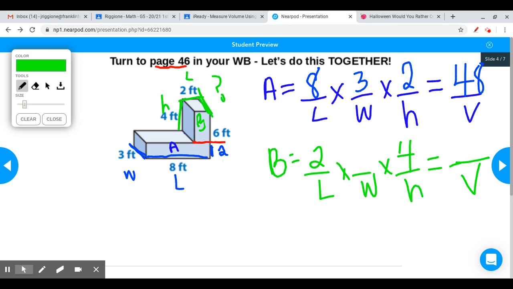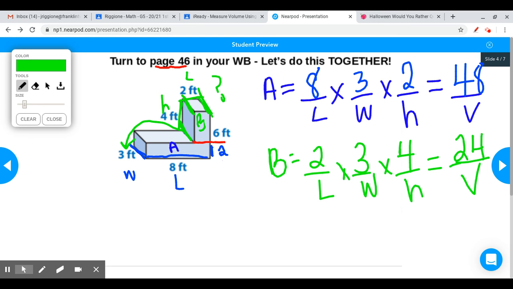But I can see that this line is the same as this line, is the same as this line, which is the same as the width over there. So now we can go ahead and multiply 2 times 3, which is 6. 6 times 4 is 24.